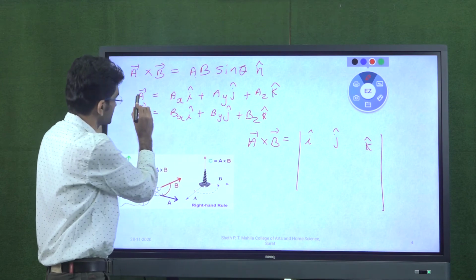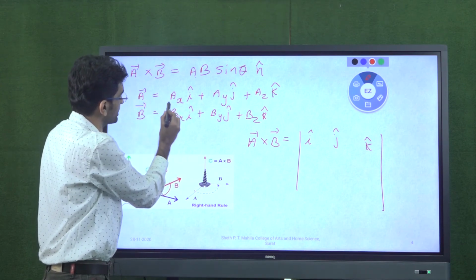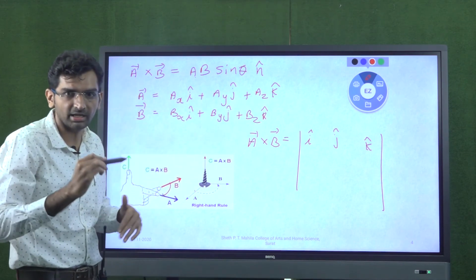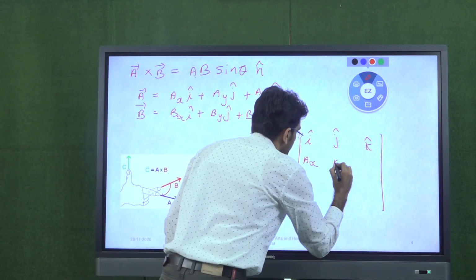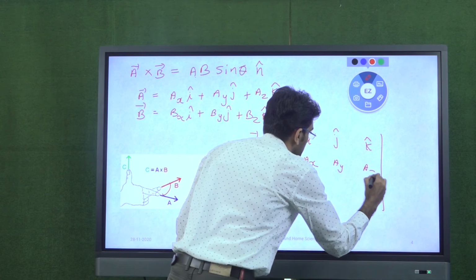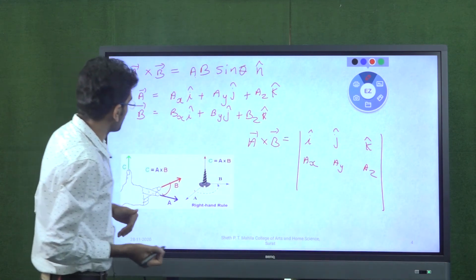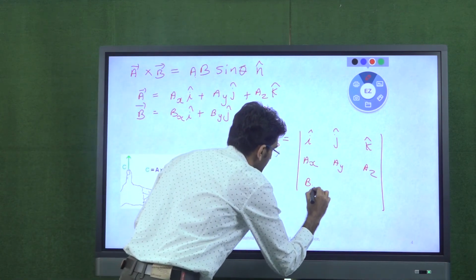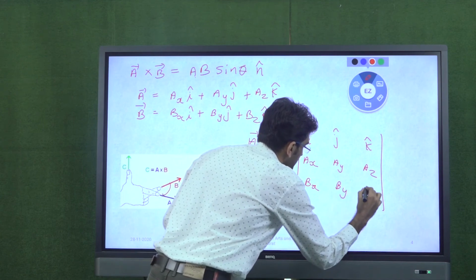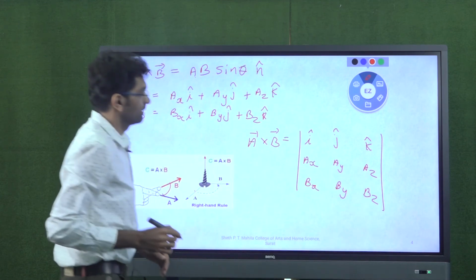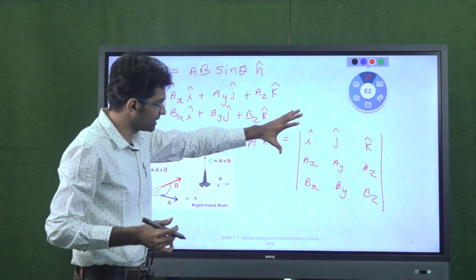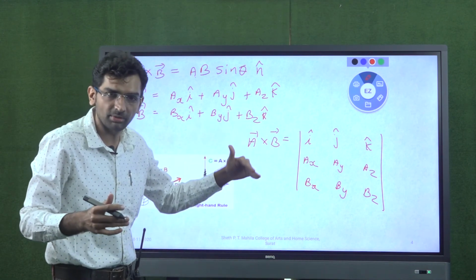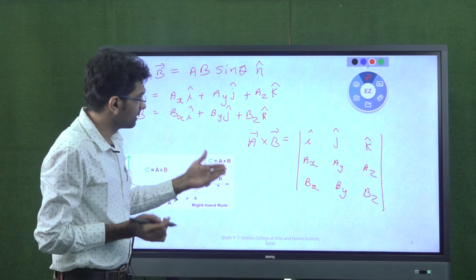Here the first vector is A, so the components of this A vector, Ax, Ay and Az, I have to keep in the second row, and the third row is Bx, By, Bz. Now you all know how to solve the determinant. If you solve this determinant, whatever answer comes, that will be your vector multiplication.